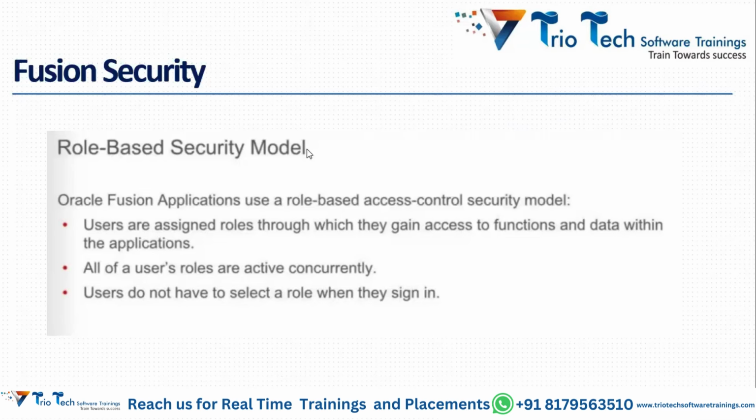Okay, so what does that mean? Oracle Fusion application uses a role-based access control security model. Users are assigned roles through which they gain access to functions and data within the applications.